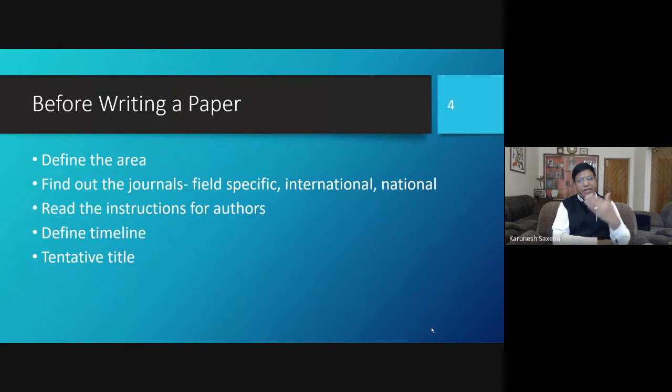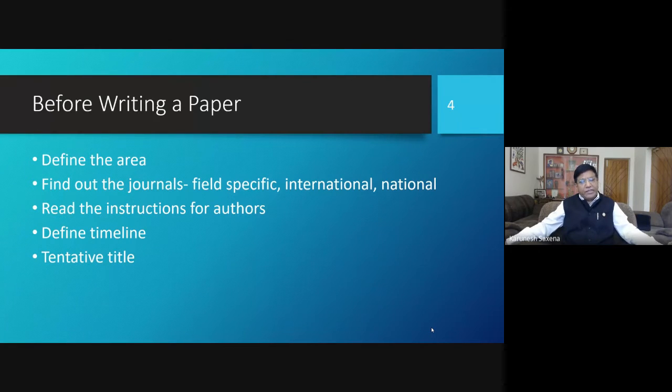Of course, there were one or two revisions, but then finally they published our paper, and that was a Web of Science journal. So what I am saying is that because my paper was on the marketing of pharmaceutical products, and I chose a journal of medical marketing, the two complemented very well.